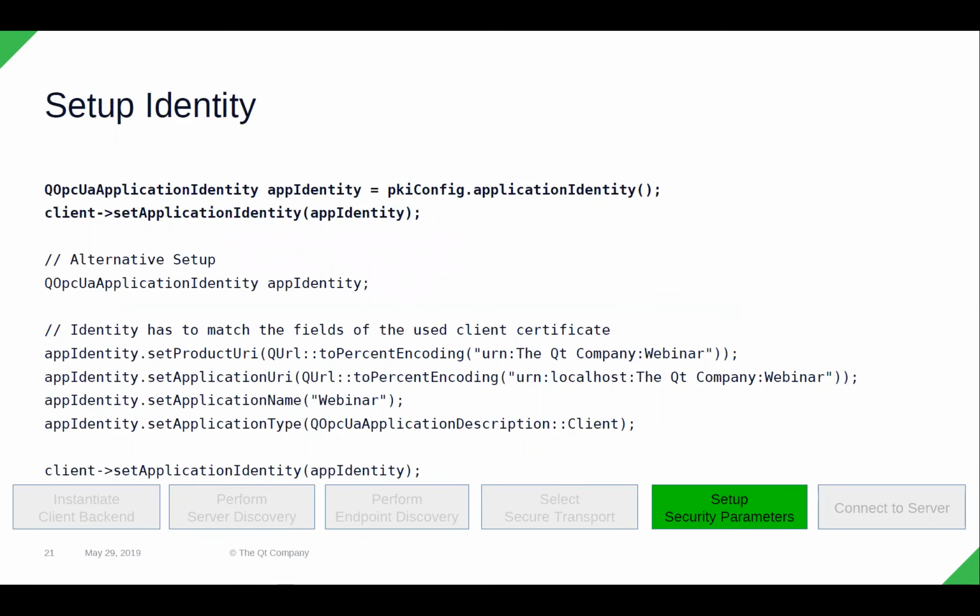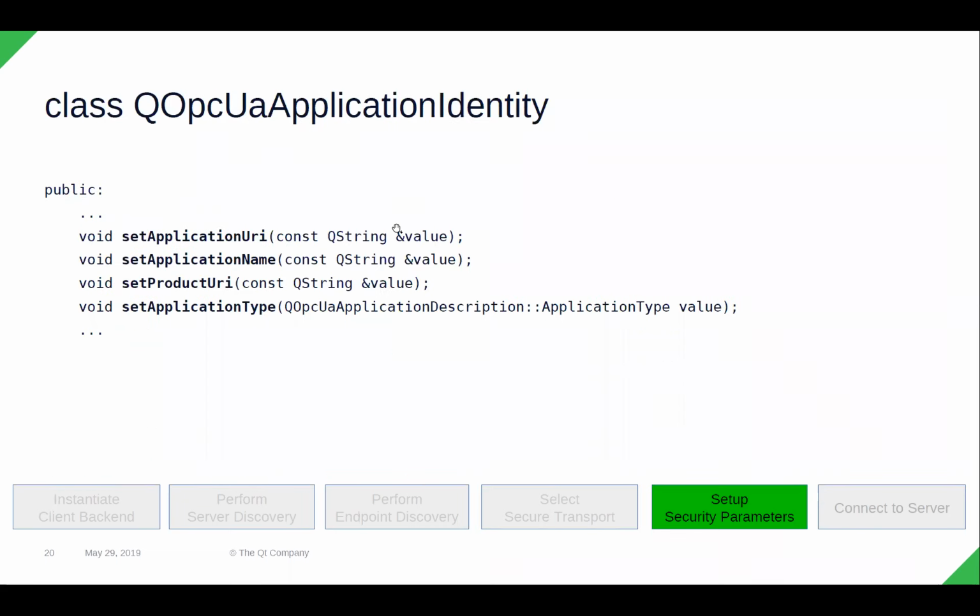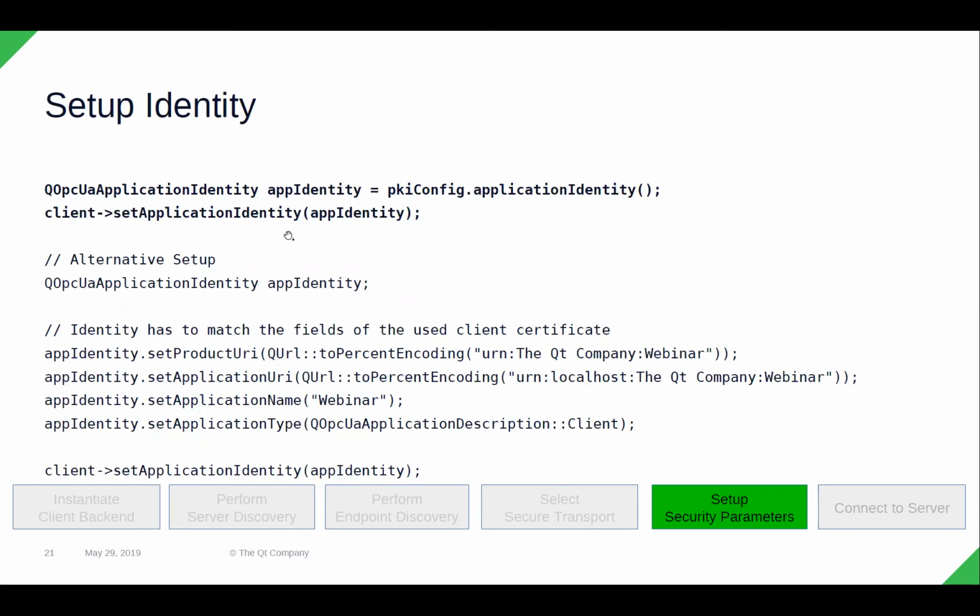To set it up, there's a convenience function, because all these values have to match exactly the certificate you are using in the PKI configuration. To avoid typos or any other errors, there's a convenience function in the PKI configuration that retrieves the application identity for you from the certificate. So you don't have to set the parameters up yourself.